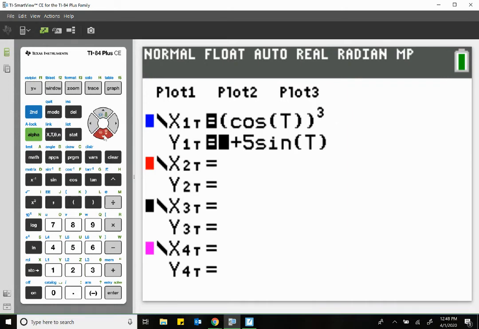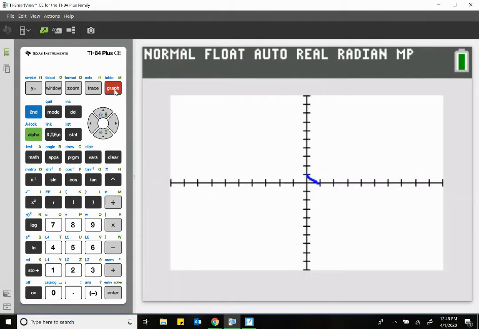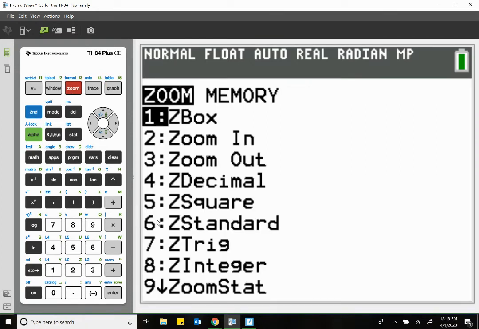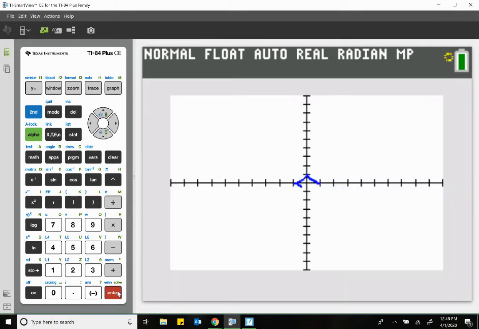Come down here, parenthesis sine t, parenthesis, and cubed. Hit graph. Really weird. Again, go in here and scroll down to that zoom standard again. Always just double check that because it's a new graph.